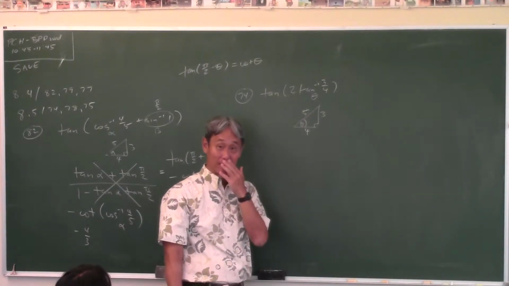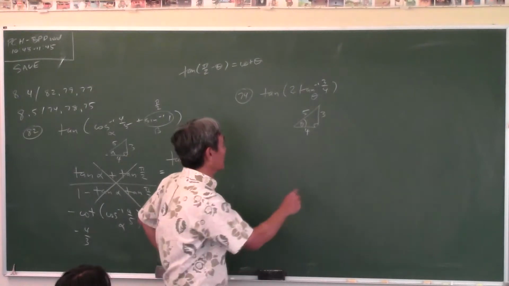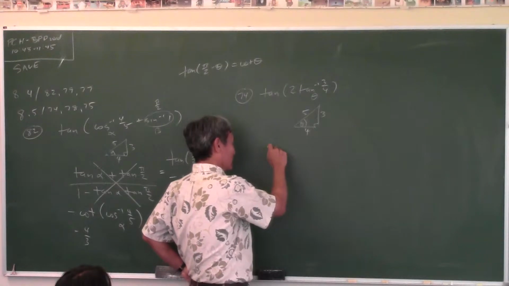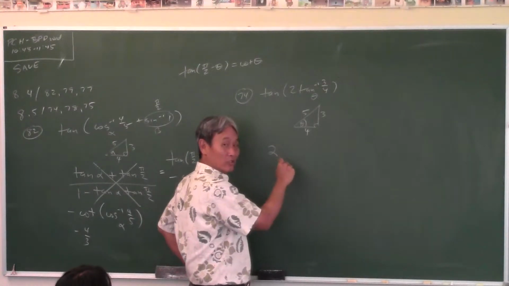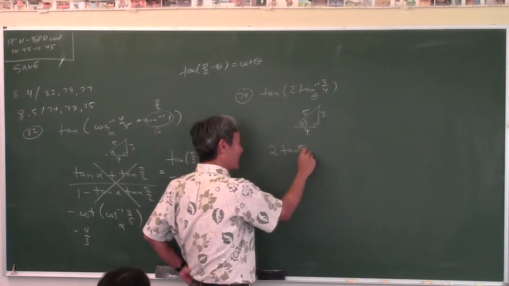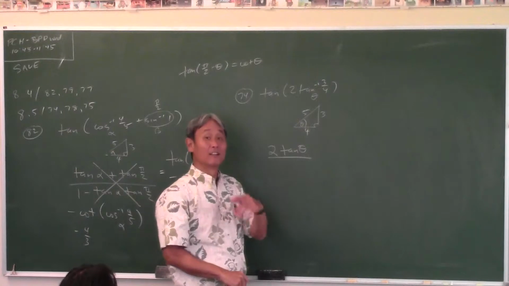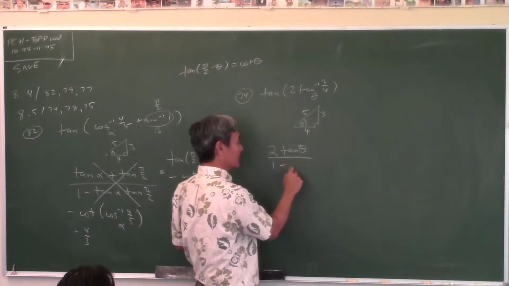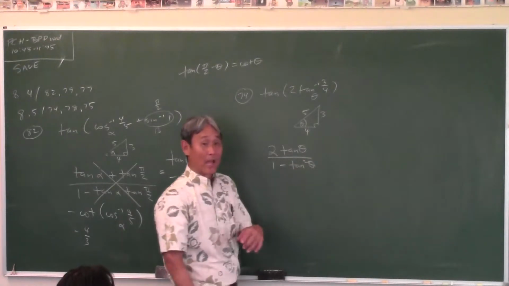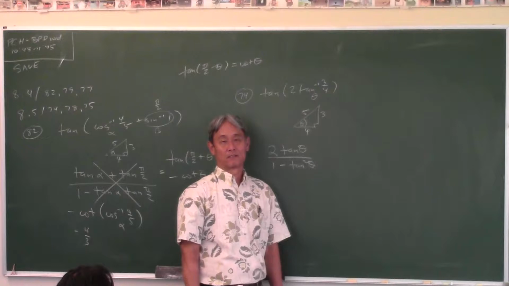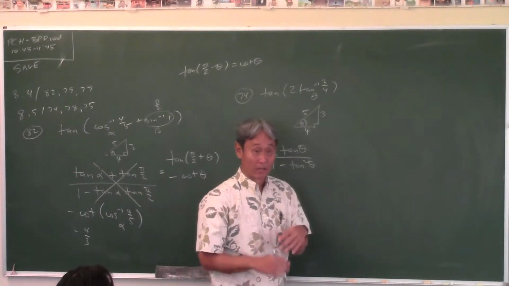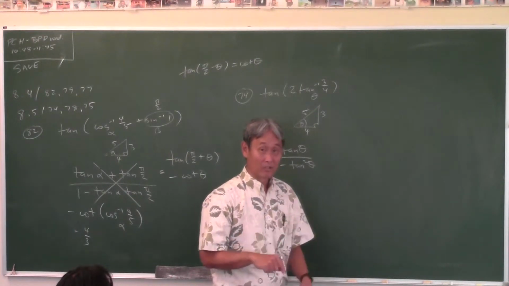You're supposed to just regurgitate it. 2 tan theta over 1 minus tangent squared. There you go. Am I gonna be there on Wednesday going 2 tan theta? You gotta just know it.